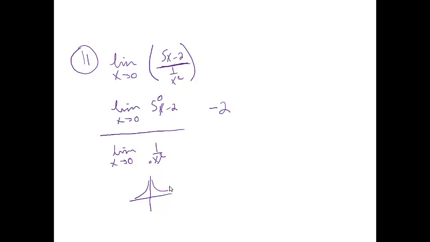And then I need to think, as I'm approaching 0, coming in from the right and coming in from the left, I notice that I'm heading up towards infinity. So the limit of that problem then would be infinity. And -2 divided by infinity, I'm taking a number and dividing it by a really, really big number, and that number will get closer and closer to 0. So my limit for this problem would be 0.